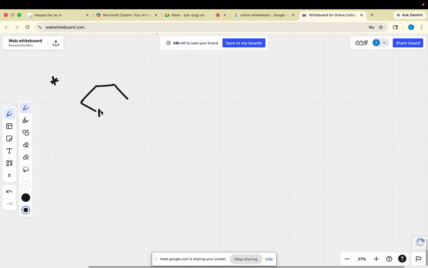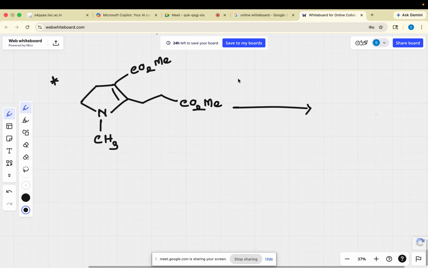So suppose you have this example. Here I am using this reagent, hydrogen, PtO2, methanol.